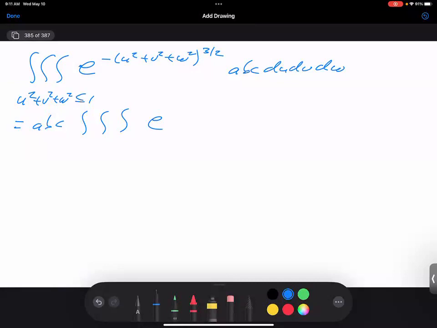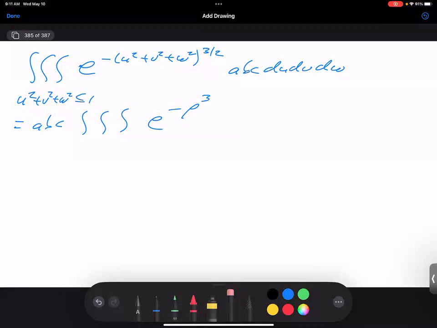I have e to the negative (u squared plus v squared plus w squared) to the 3/2, so this is the same as e to the what? It would be e to the negative rho cubed. U squared plus v squared plus w squared is just rho squared, the square of my distance from the origin. So I have rho squared to the 3/2, which is just e to the negative rho cubed.